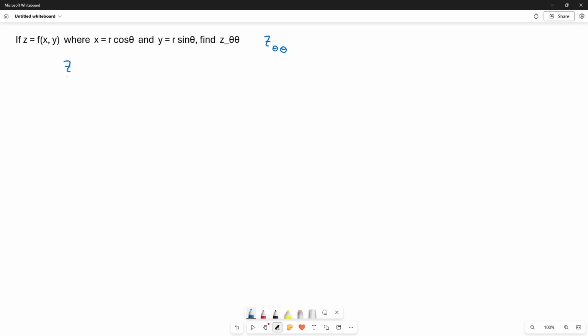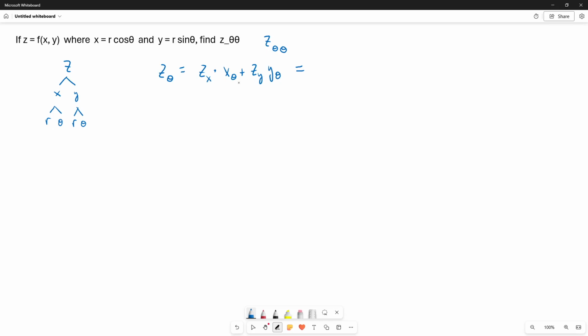So we have z is a function of x and y, where x and y themselves are both functions of r and theta. And so we want to find first z sub theta, which is going to be z sub x times x sub theta plus z sub y times y sub theta by the chain rule.